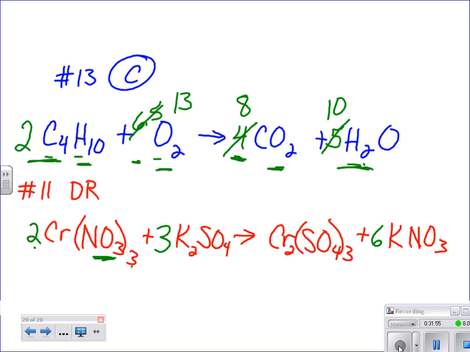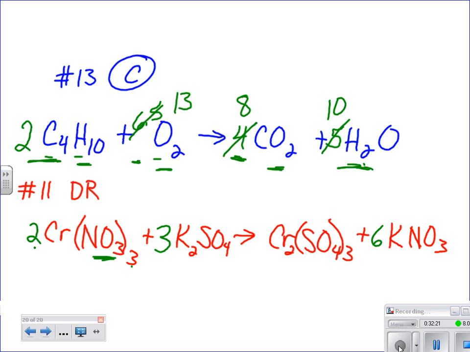Then there's a good chance that means you wrote one of the formulas incorrectly, because that happens. If you were to do this with nitrite instead of nitrate, there's a good chance you wouldn't be able to get it to balance. Sometimes you can, sometimes you can't. So that doesn't mean you necessarily got it right if it balances. But if you can't get it to balance, double check your formulas.